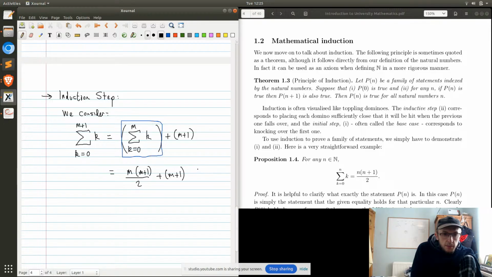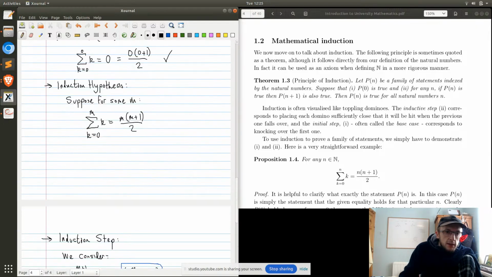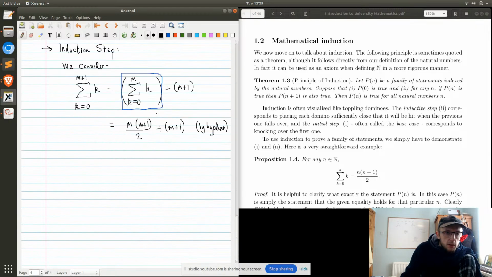But you have to point that out. So I just say in brackets, by hypothesis, which is pointing to step 2. And then you just do what he calls routine algebra. Routine algebra. So it's like this.